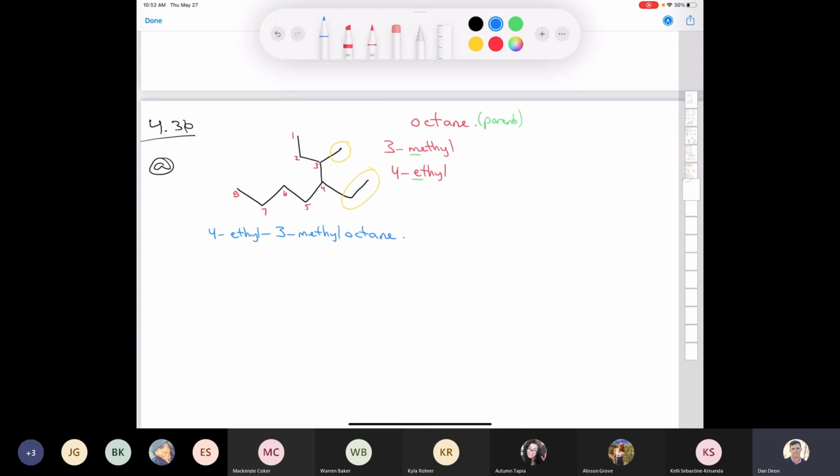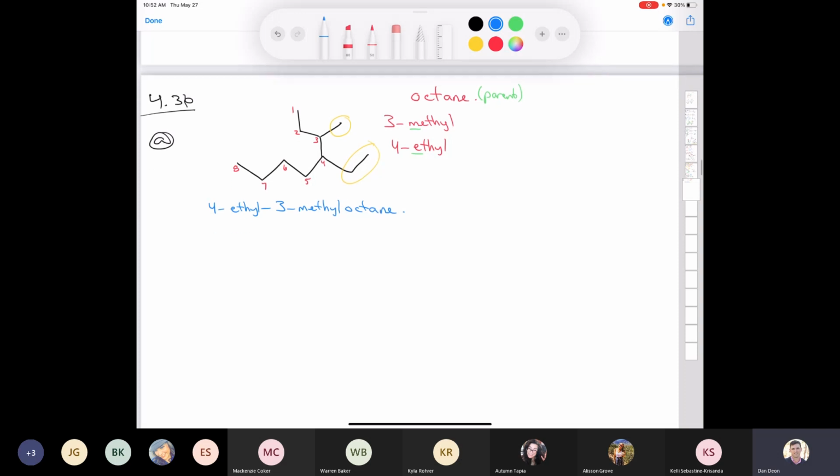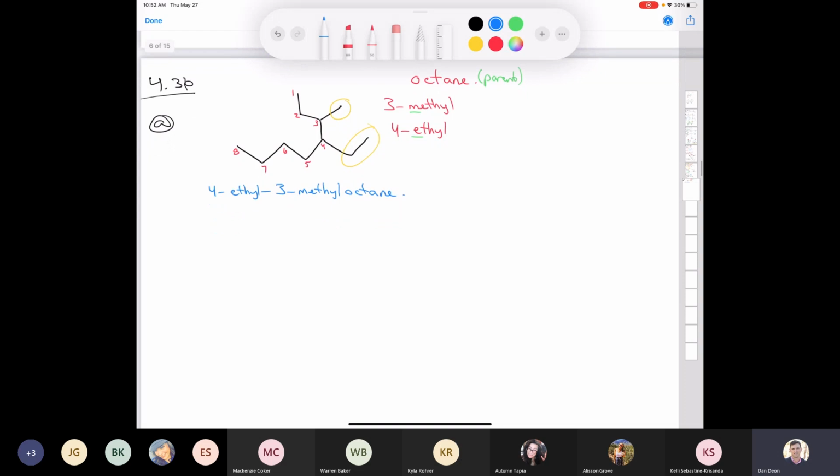4-ethyl-3-methyl octane. All right, let's try a bicyclic compound. I think that would be fun. Yeah, there's two bicyclics in here. Let's try J. So 4.36J. You have a bicyclic system here. There we go.